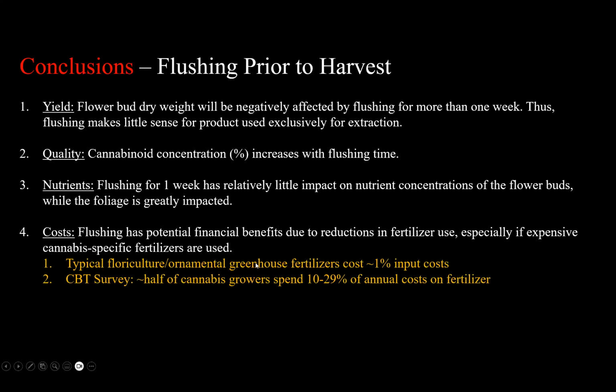When you're using inorganic fertilizer salts, your fertilizer costs are really low. So a typical ornamental grower is looking at fertilizer being 1% of their input cost. And so restricting fertilizer by flushing would have very little impact on your bottom line profitability.